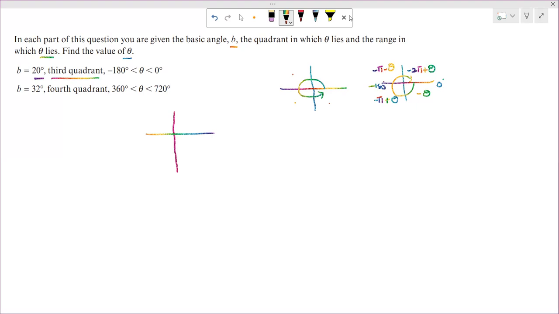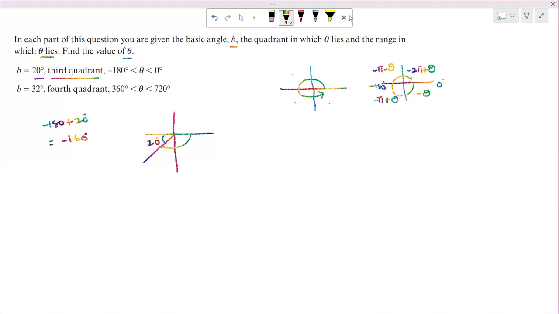The angle lies in the third quadrant, they said. Third quadrant means it will be over here. So how much? Minus 180 plus 20 degrees. How much over here? Minus 160 degrees. So this will be minus 160 degrees.